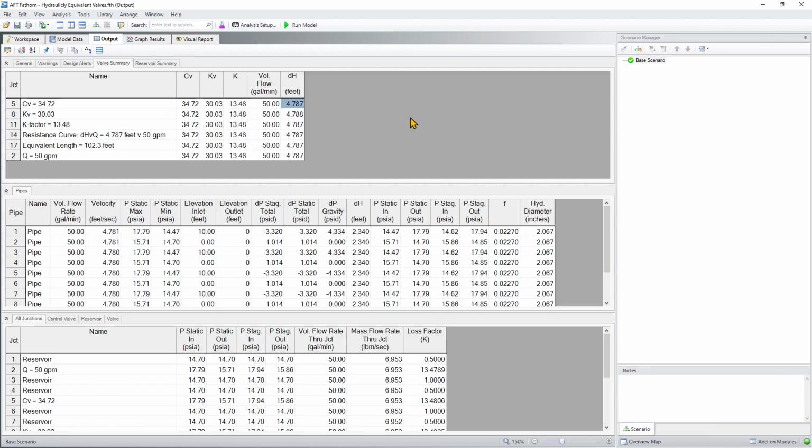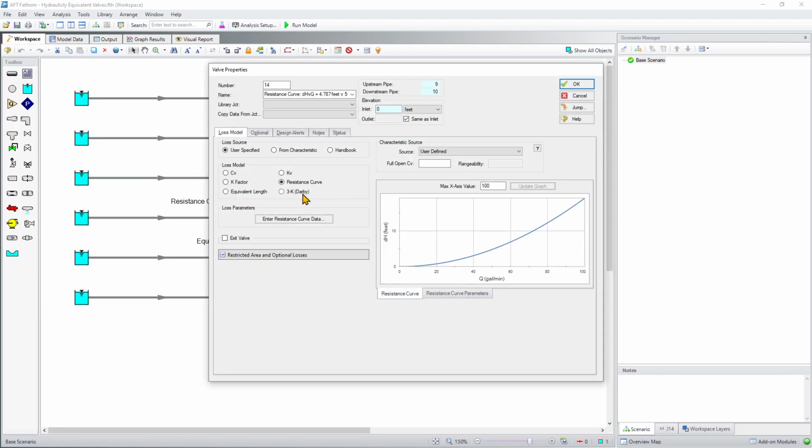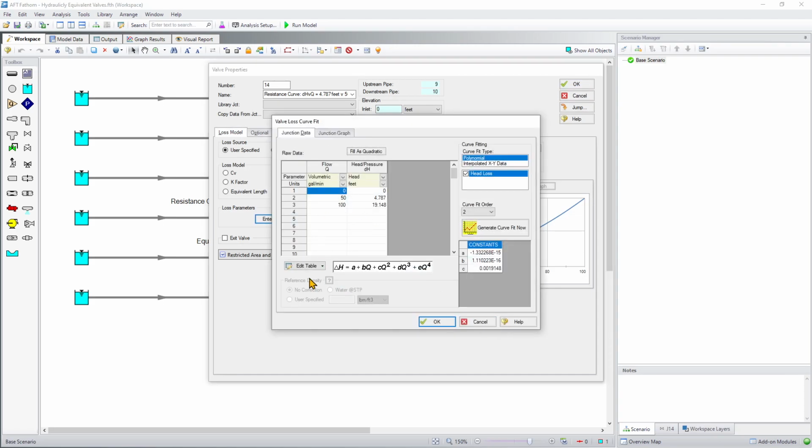We can look down this table and say if we used KV, same values. We use a K factor, same values. Resistance curve, this is how if you wanted to use a resistance curve option, take the flow rate, 50, take the delta head, 4.787. I would go to this resistance curve, enter in my flow rates, 50, the head, 4.787.